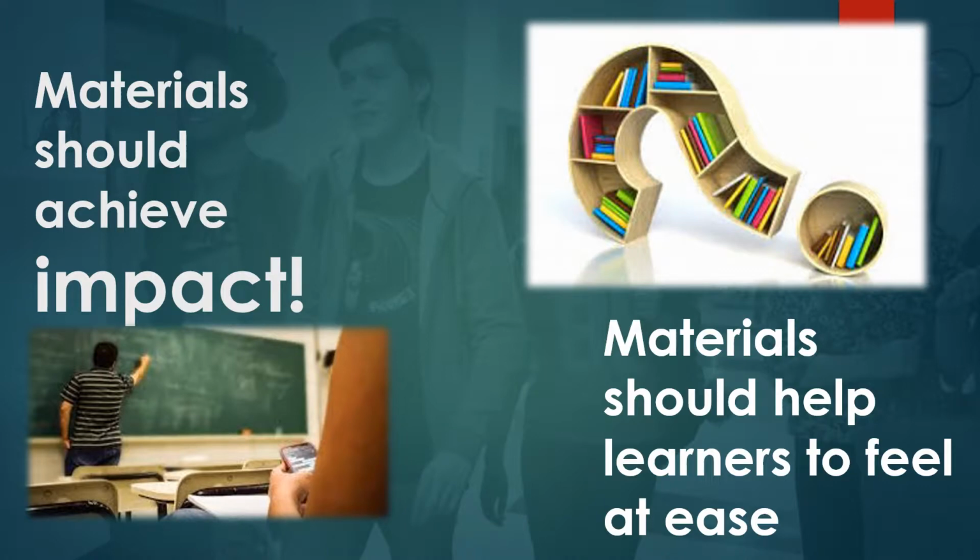Materials should achieve impact. What does this mean? This means that the material that you share with your students needs to have an impact on them. For example, if I am sharing a video about a conversation, we need the conversation in this video to have the topic that we were checking on the board, or the conversation we were having with a student.